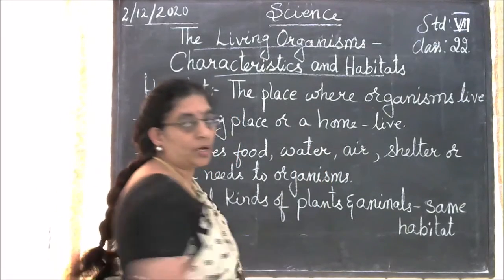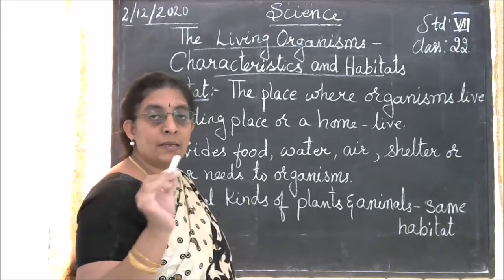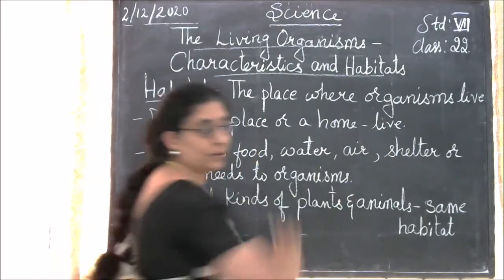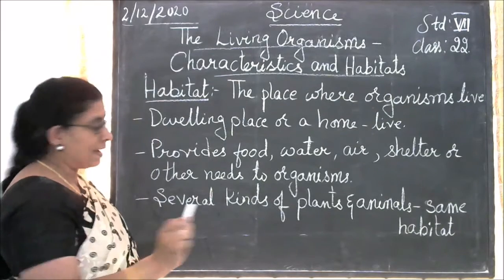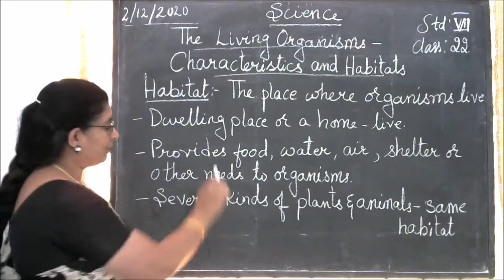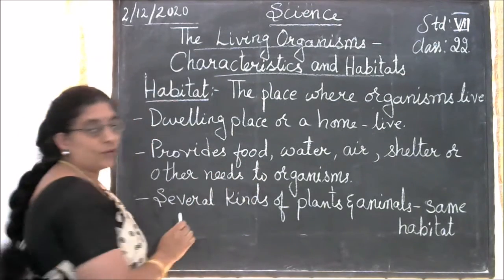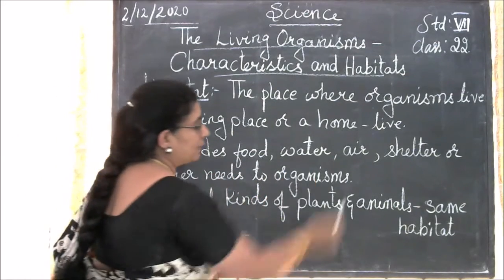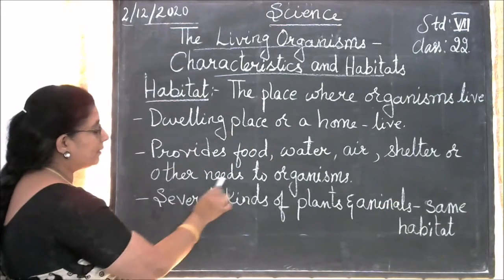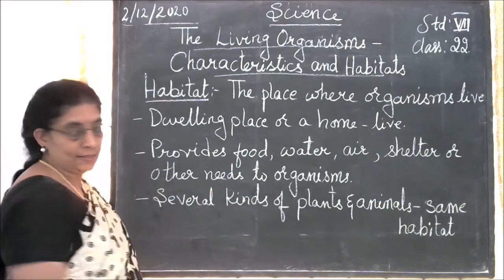So you know a home is a place where the animals, the people or the plants are living. So that is called as a habitat. And what does the habitat provide? So the habitat provides food, water, air, shelter, or other needs to organisms.